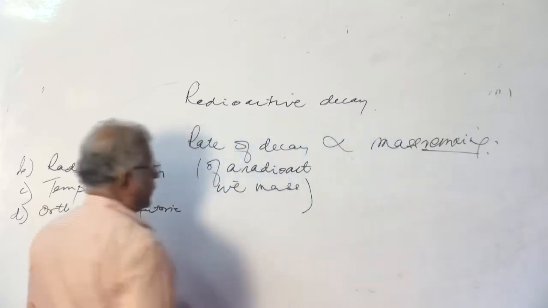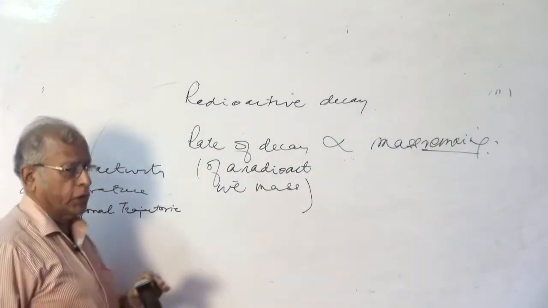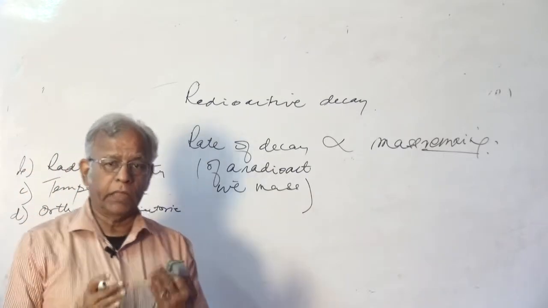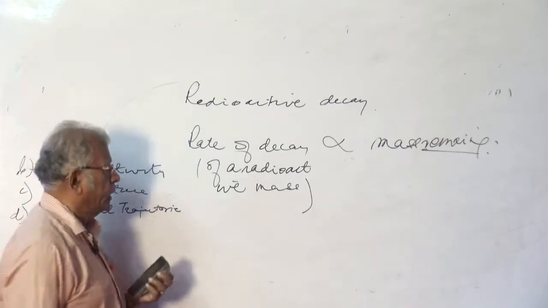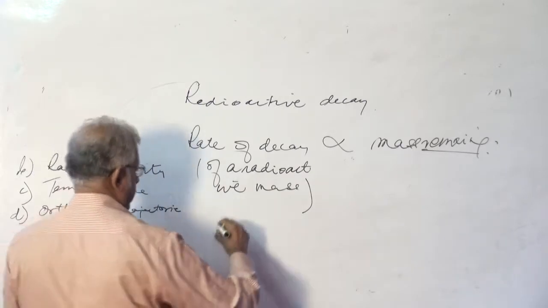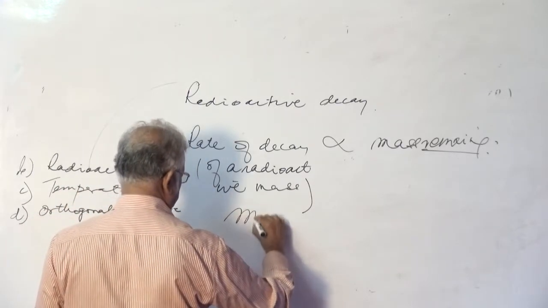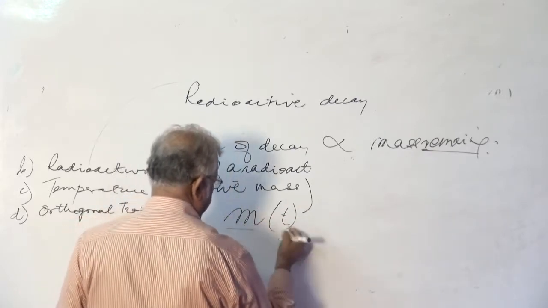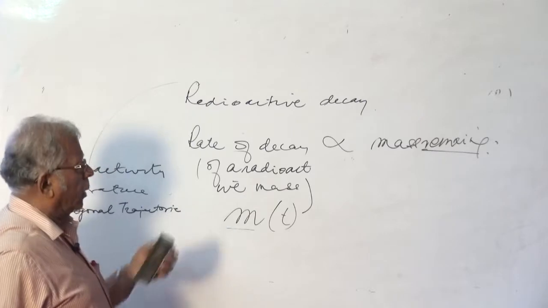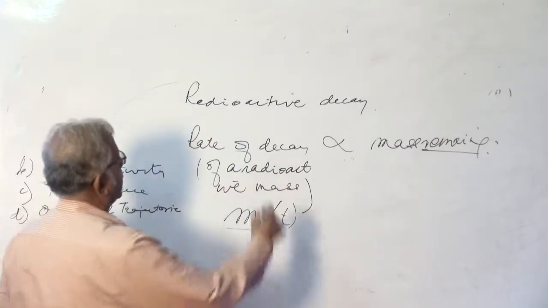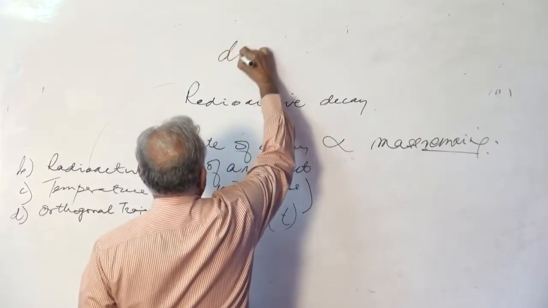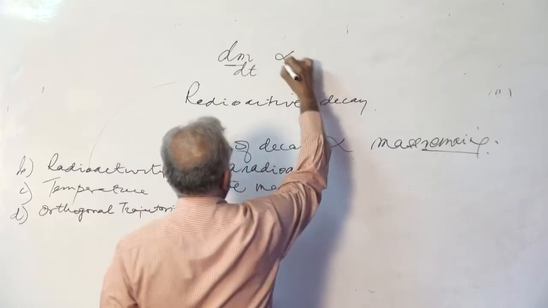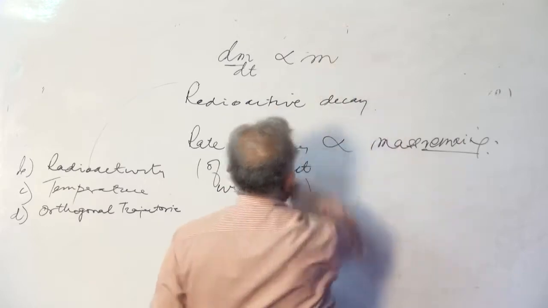In other words, if there is a certain mass of a radioactive material that is decaying naturally, and if its mass is m at any point of time, in other words, m is m as a function of t, then what the law says is that dm dt is just proportional to m.